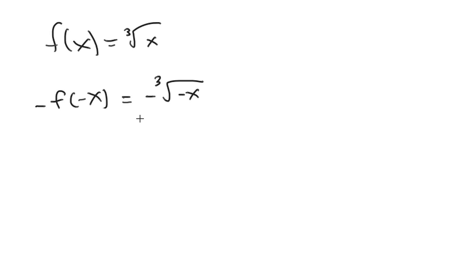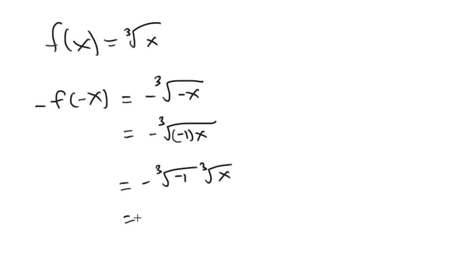Well, cube root of minus x, I can rewrite that as cube root of minus 1 times x, which is the cube root of negative 1 times the cube root of x. And the cube root of negative 1 is negative 1. And so that simplifies to the cube root of x.